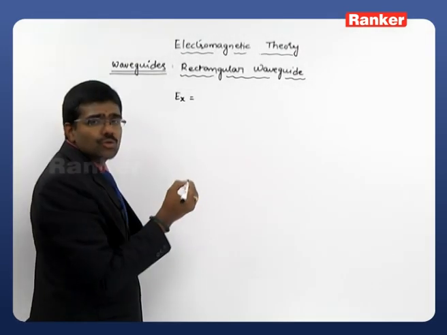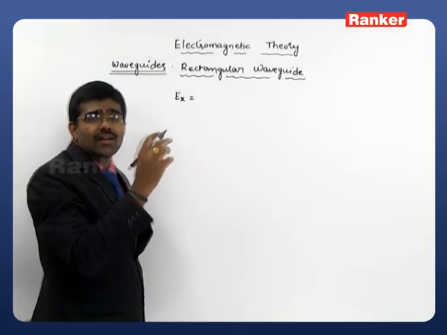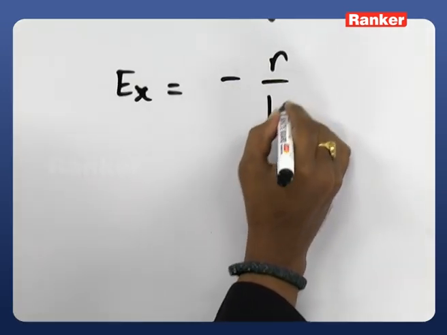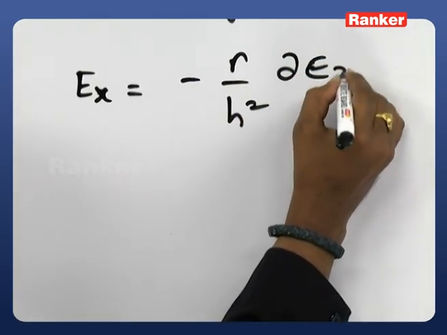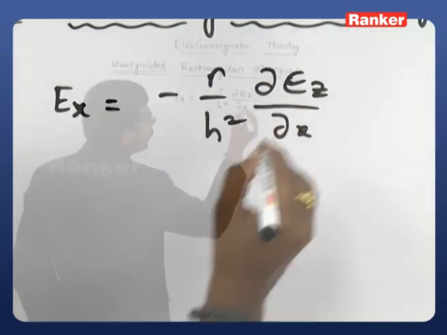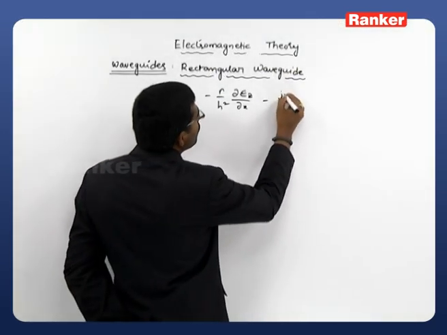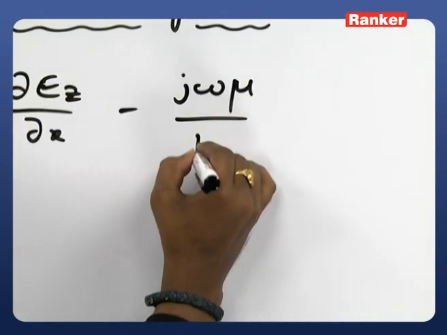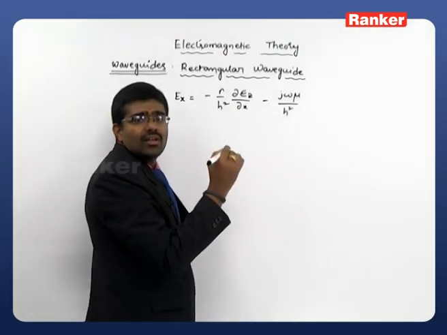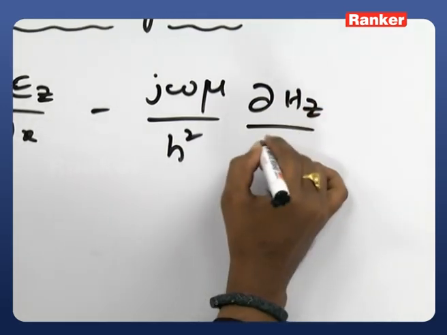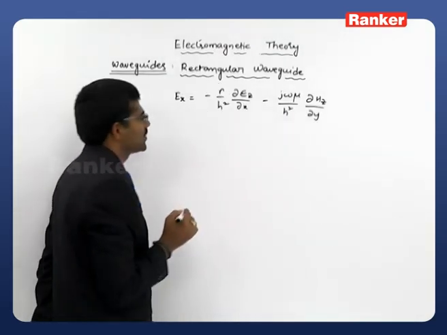Ex is equal to, I will directly write down the equation, you try to remember that one: minus gamma by h square dou Ez by dou x, this is the first term, minus j omega mu by h square dou Hz by dou y. This is the equation we have for our Ex.